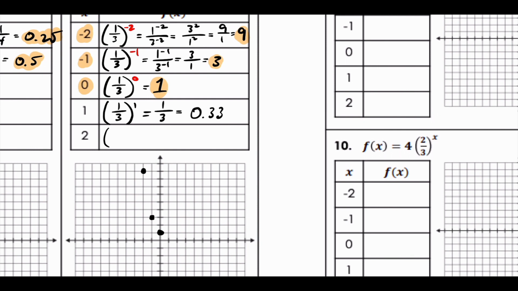Plug in 2. Which is 1/9, which is the same thing as 0.111111 forever and ever and ever.